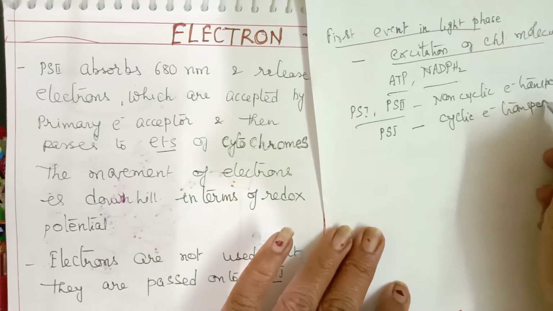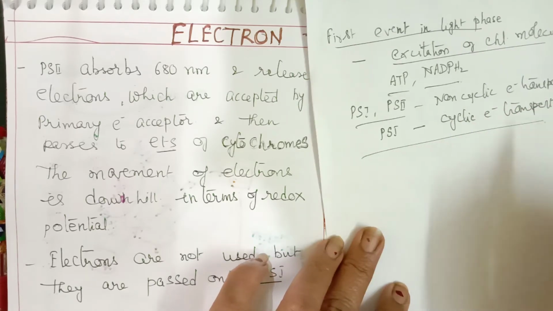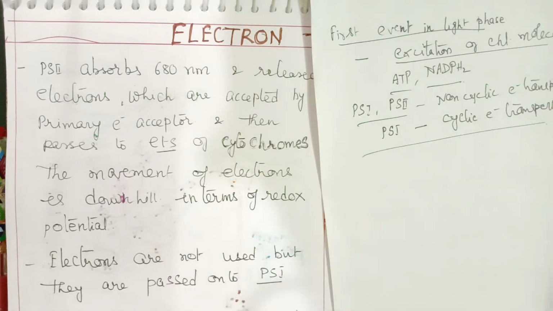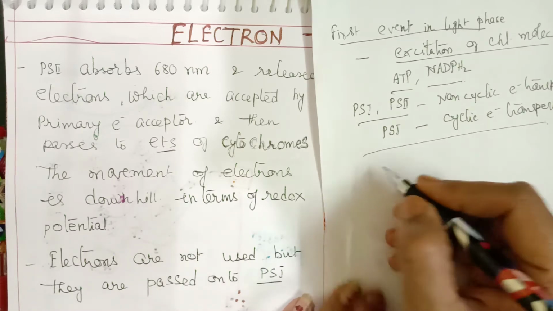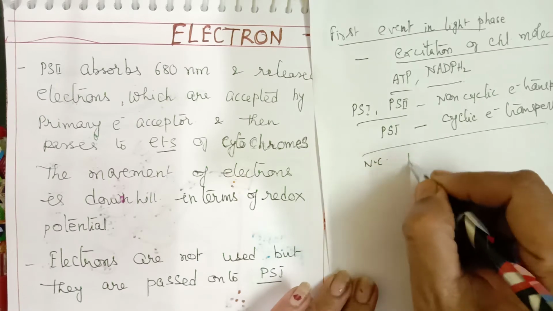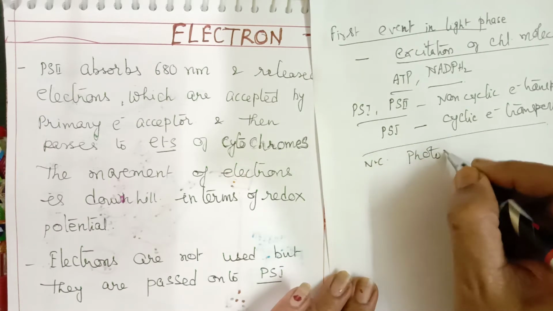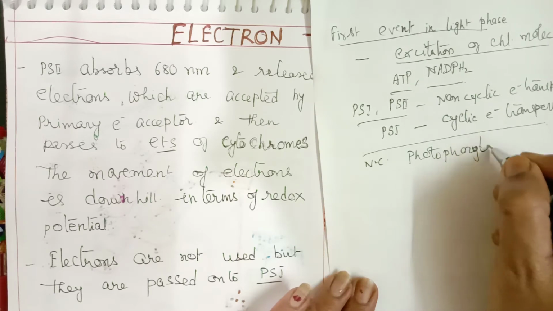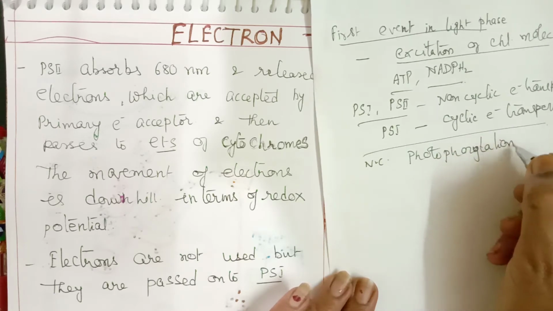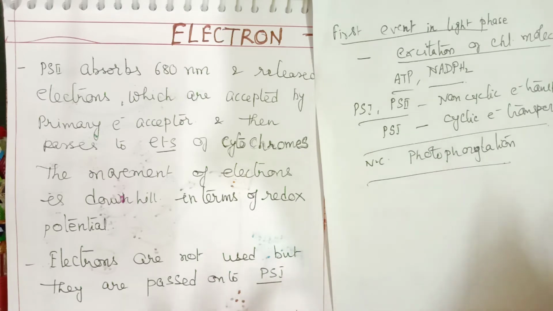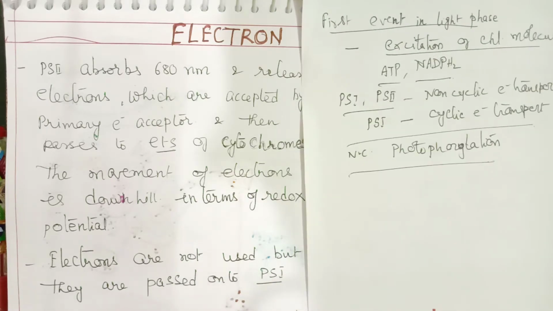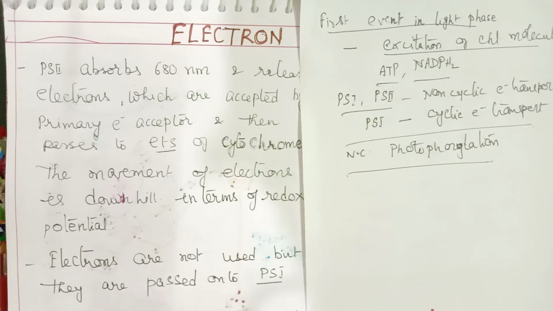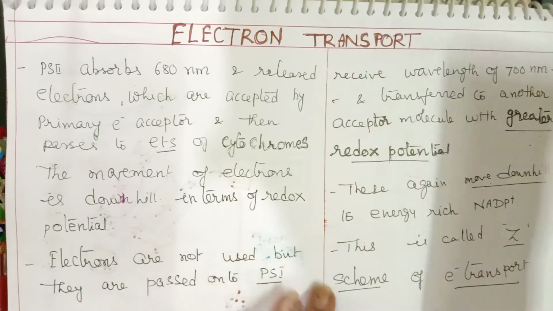We will first do non-cyclic electron transport and non-cyclic photophosphorylation also. Photophosphorylation mainly results in synthesis of ATP. So for that, first we will see what is electron transport and what is non-cyclic electron transport.